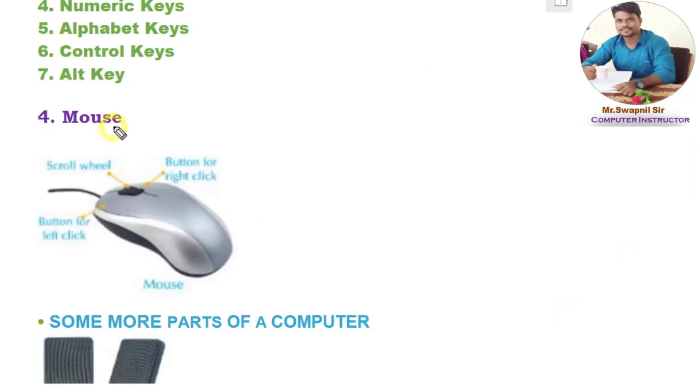Now dear student, our fourth important part of computer system is mouse. Look at this picture and observe it. Mouse has two or more click buttons. This is the left click button on the left hand side, this is the right click button on the right hand side, and this is the scroll button, which is used to scroll the page.